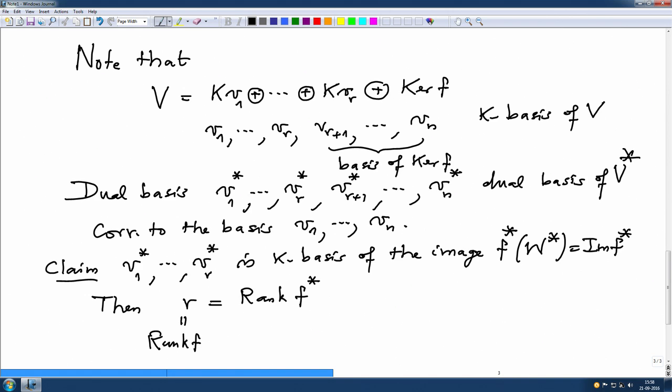So I have to prove it's a basis. I have to prove two things: they are linearly independent and they generate. Linear independence is obvious because something bigger than that is a linearly independent set, so the smaller set is always independent.